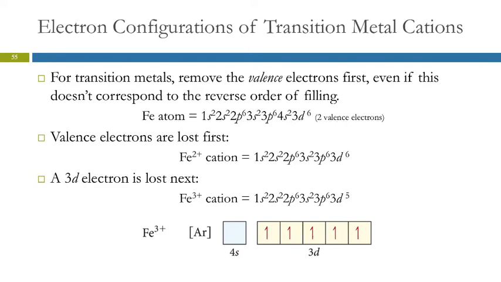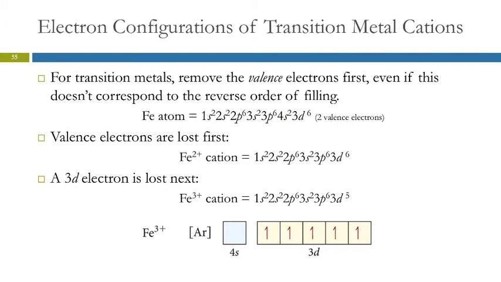So here are the transition metals. For transition metals, you always remove the valence electrons first, even if that's not the reverse order of filling. If we look at iron, here's the electron configuration for iron: 1s2, 2s2, 2p6, 3s2, 3p6, 4s2, 3d6.